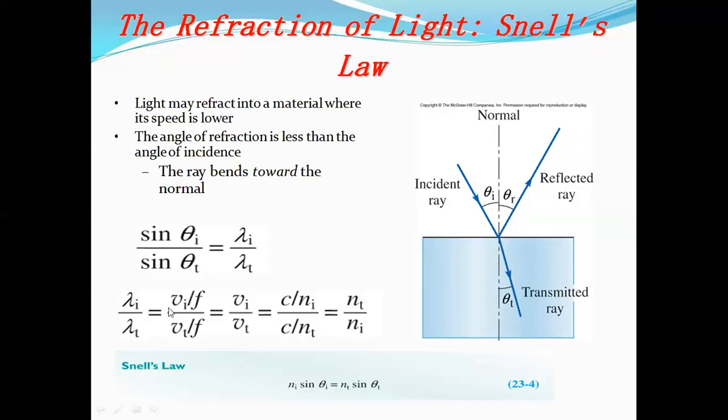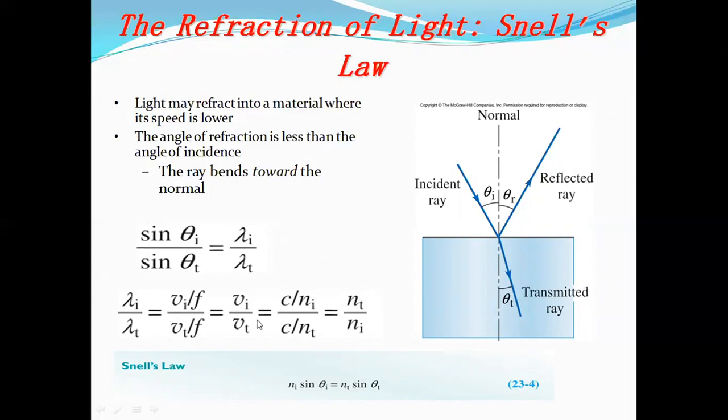Why is it lambda i by lambda t? Because we know v is equal to f lambda, so lambda i by lambda t means vi by f and vt by f. The frequency is the same because we use one source of light, and one source of light has the same frequency. So f cancels, and lambda i by lambda t is equal to vi by vt.